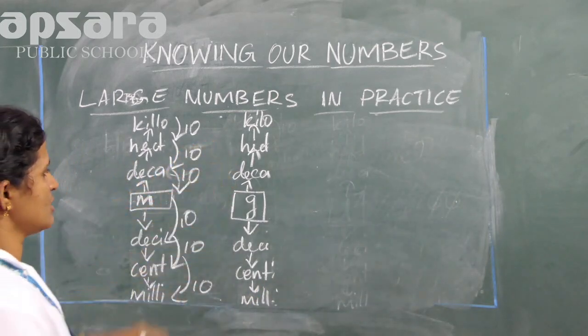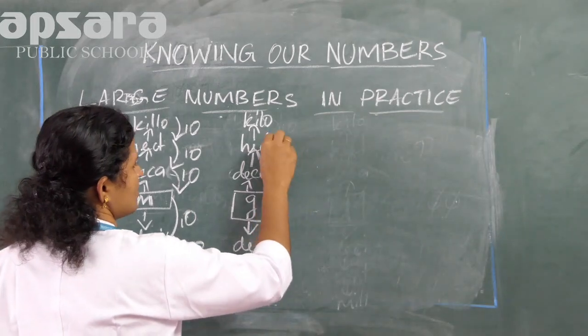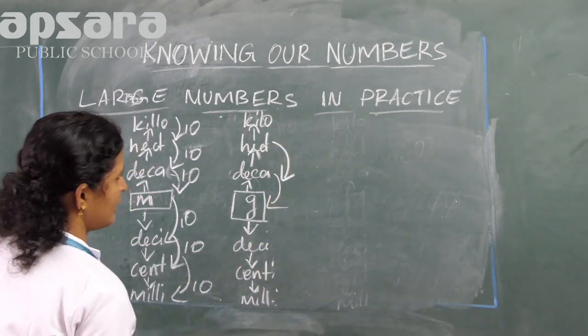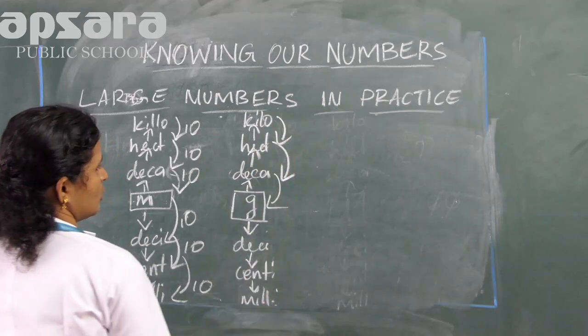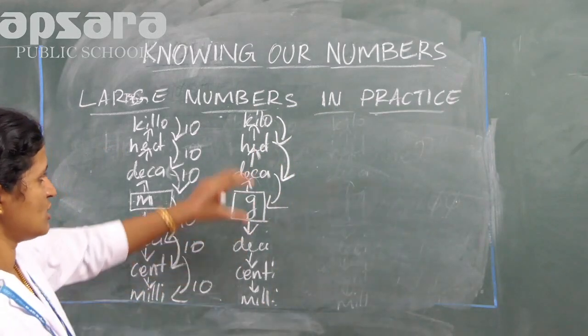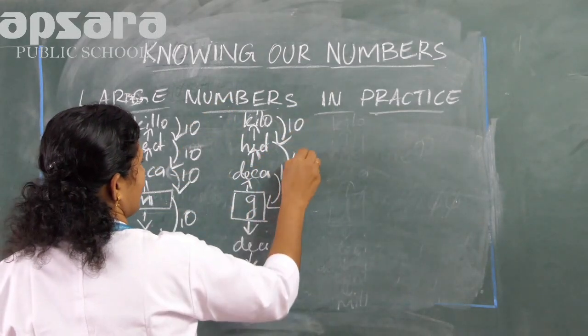Again, 1 decagram is equal to 10 grams, hectogram is equal to 100 grams, kilogram is equal to 1000 grams. For each step, 10, right?